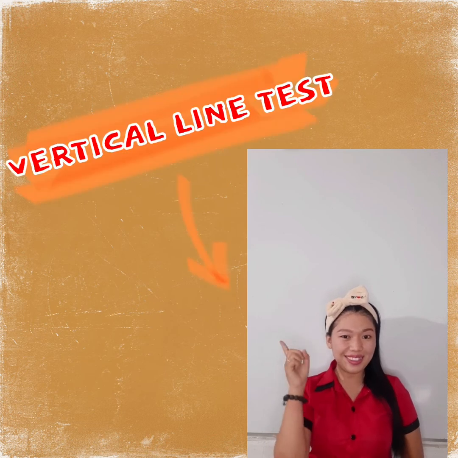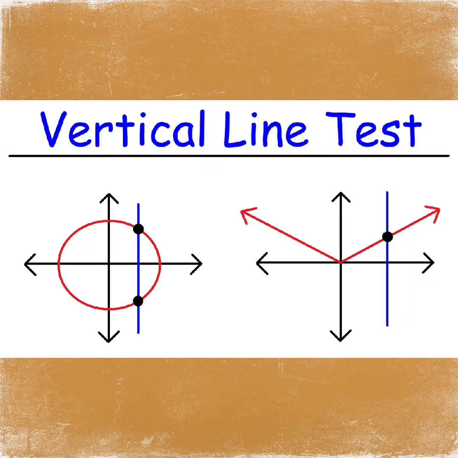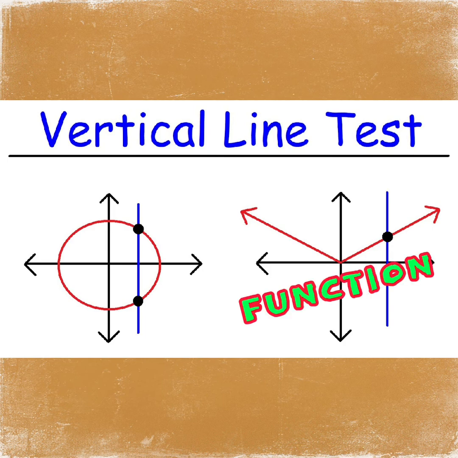Another way to identify if the equation is a function or not is by using this one. To identify if the given graph is a function or not, we will use the vertical line test. If the line touches only one point in the graph, that is a function.